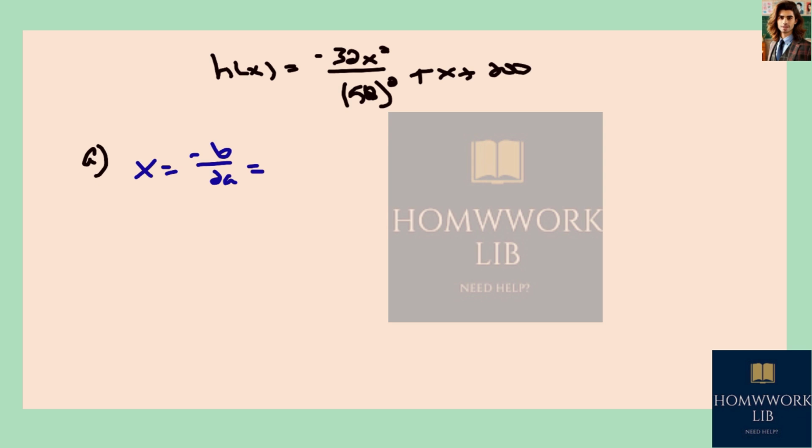Opposite b would be negative 1 over 2 times negative 32 over 50 squared. And so let's calculate that.